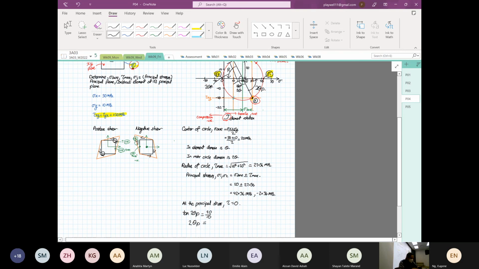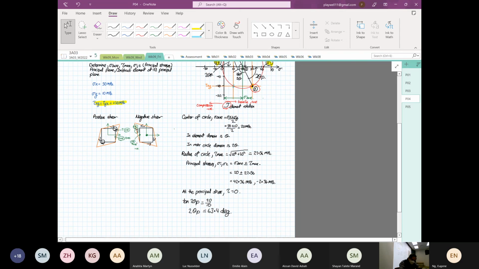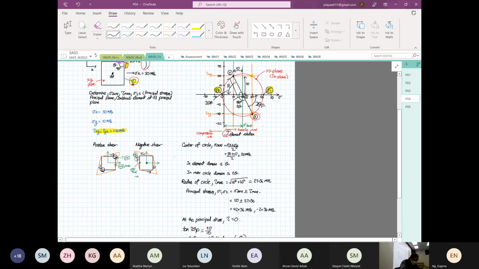Can you all still see? Okay, so 2 theta p is the inverse tangent of 20 divided by 10, which is 63.4 degrees. In degrees, 1 decimal place is enough. Don't give me 3 decimal places, I can't draw that. And then theta p is 31.7. Both are going in the anti-clockwise direction, because this direction over here is anti-clockwise.